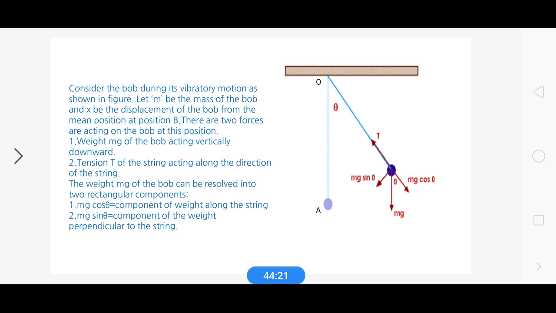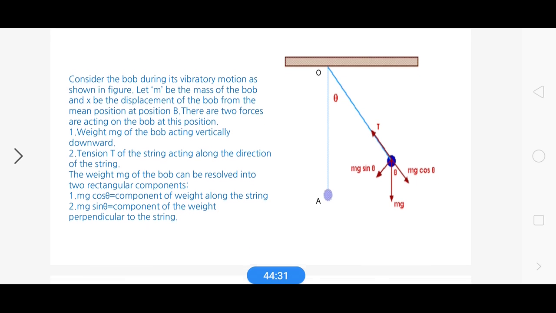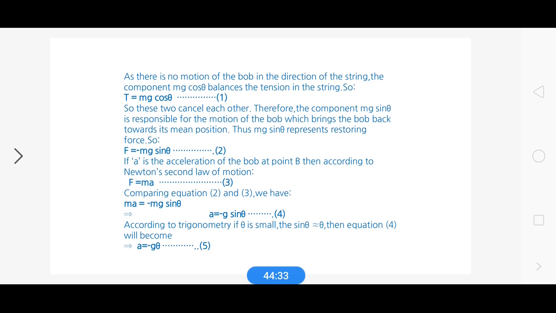Mg sin theta, the perpendicular component of the weight, acts like a restoring force, which brings the bob back to its original position, the mean position.